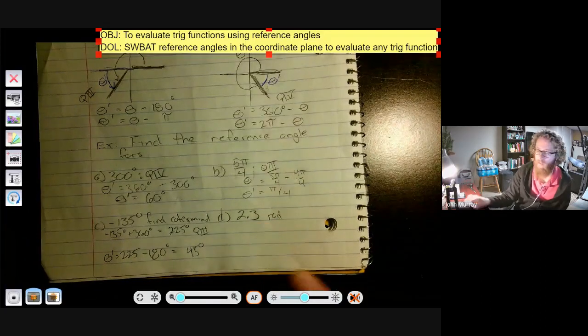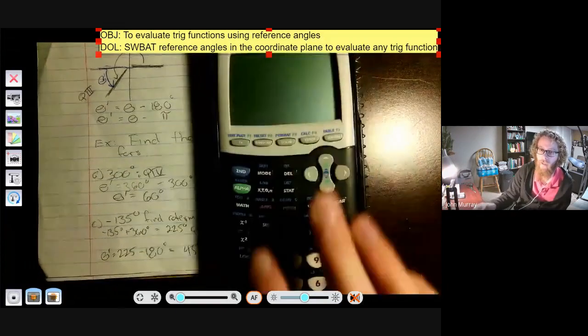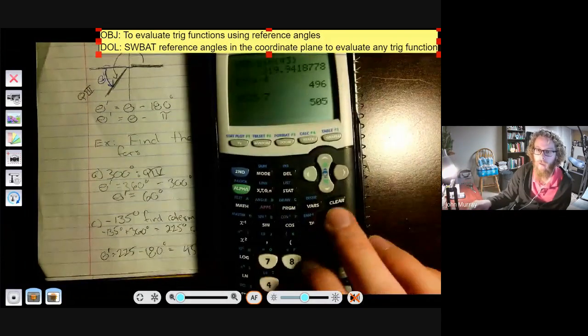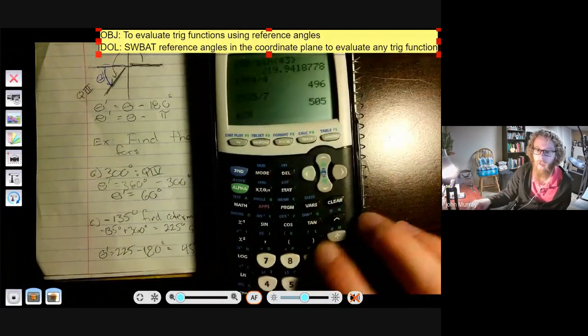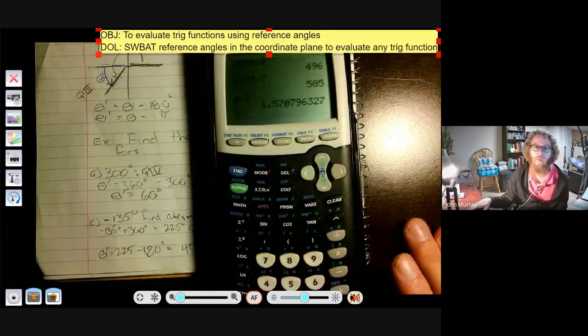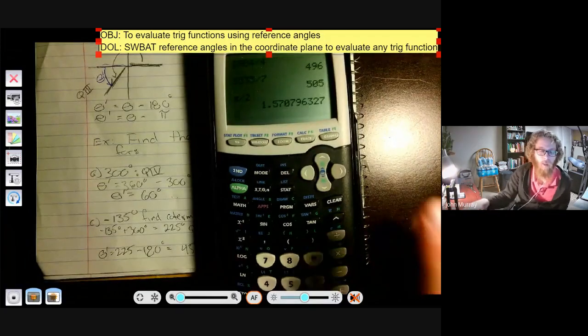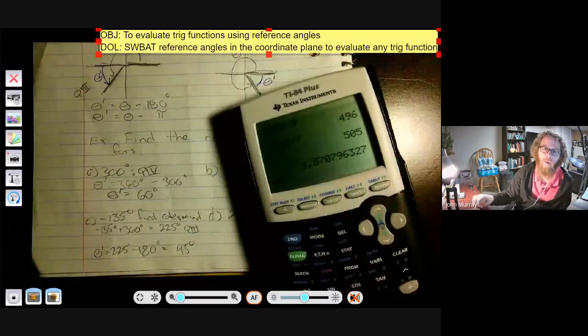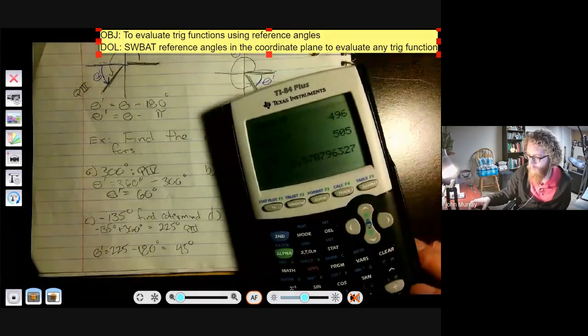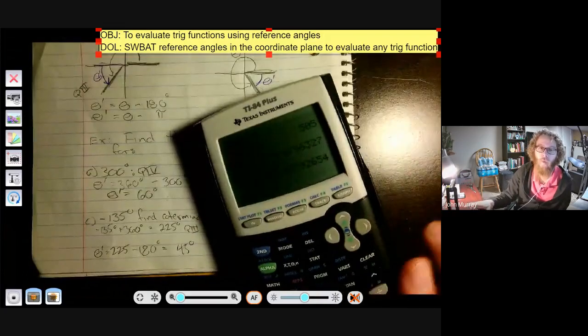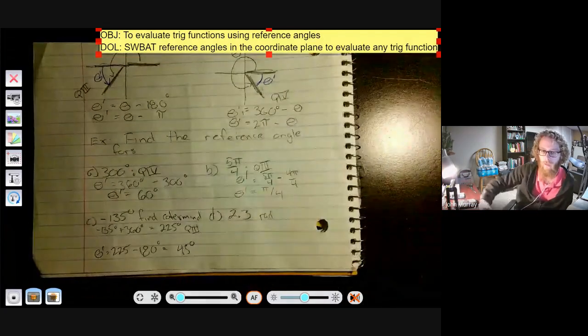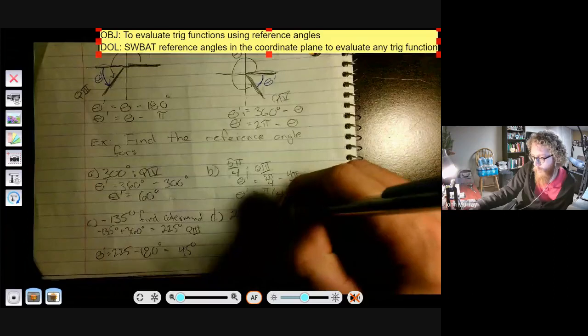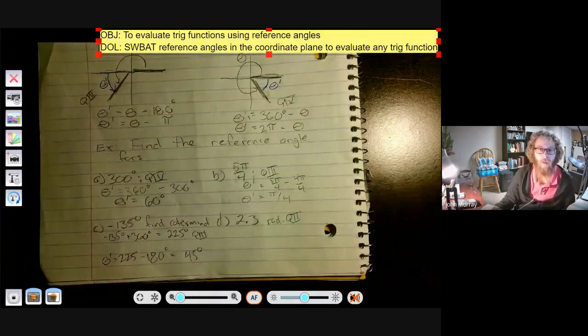Pi over 2, which is 90 degrees, pi divided by 2 is going to be 1.57. So that 2.3 goes in between 1.57 and 3.14. So this is going to be in quadrant 2.